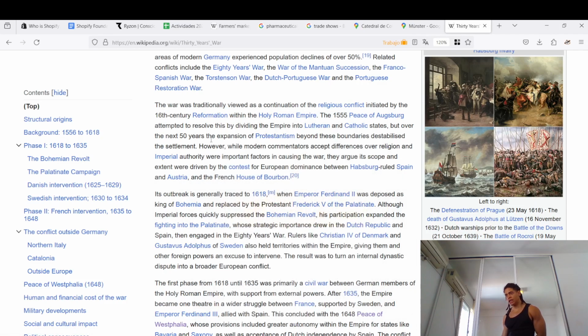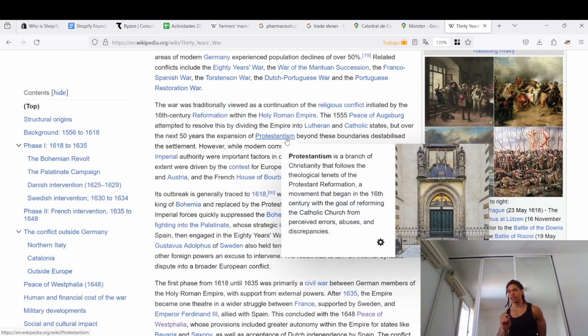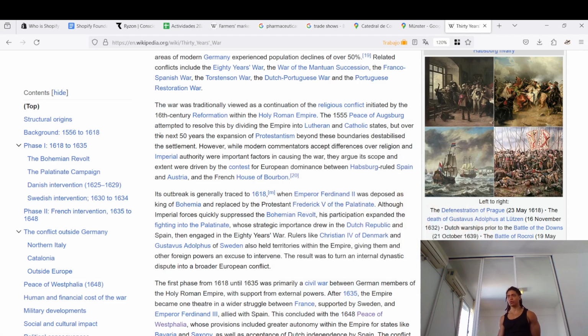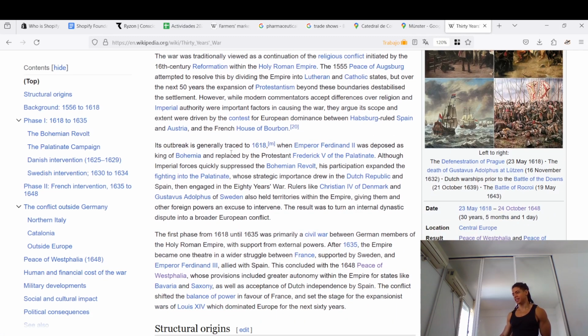But over the next 50 years, the expansion of the Protestants beyond this boundary destabilized the settlement. However, while modern commentators accept that differences over religion and imperial authority were important factors in causing the war, in any case this was a continuation of the religious conflict, aka the Reformation.